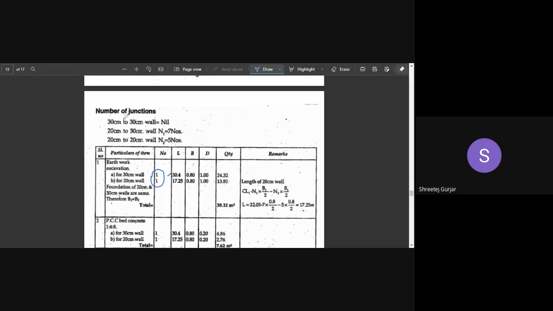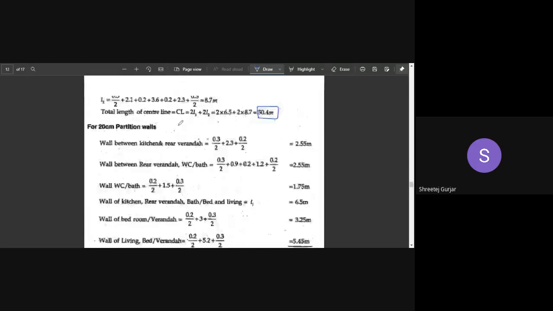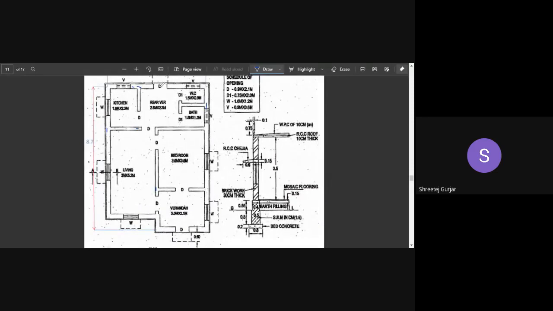Because there are no 30 to 30 centimeter wall junctions. It is only going around your periphery, so we directly use the total center line length, 30.4, and we do not have to deduct any junction widths.